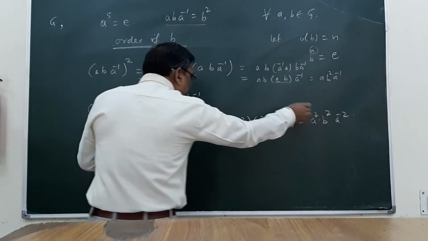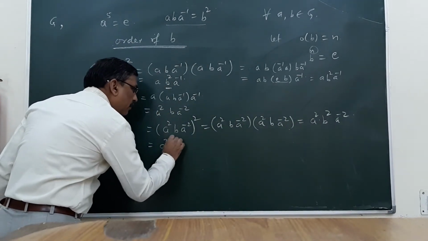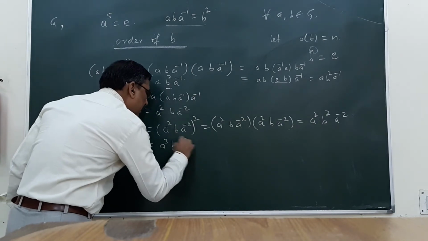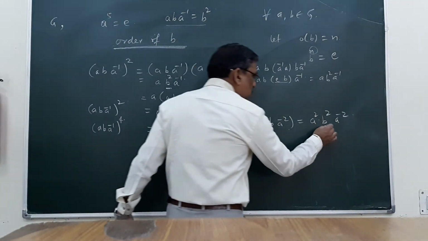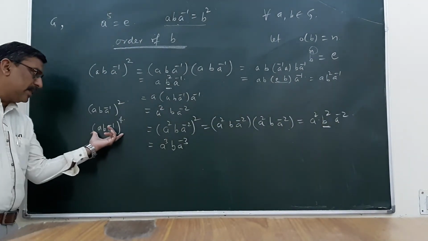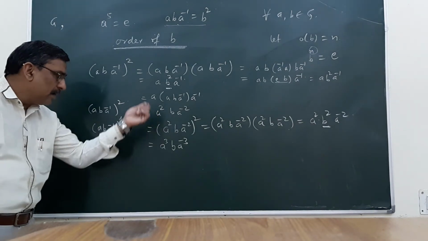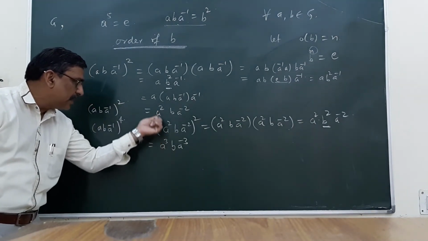And using again for b square this result, I can say a cube b a raised to the power minus 3, by using b square as a b a inverse. So squaring this we again have an increase by 1.